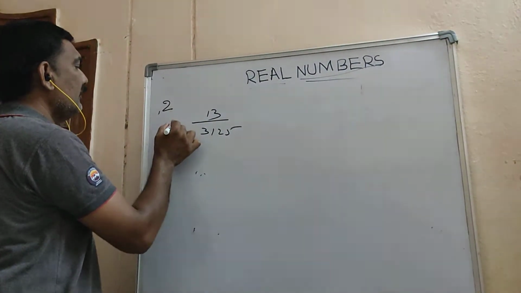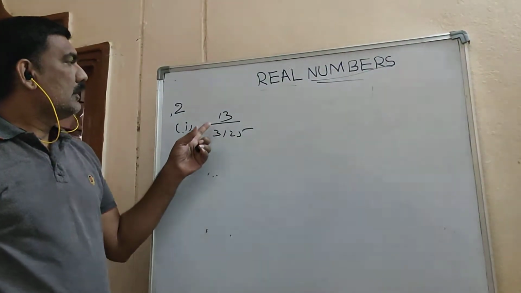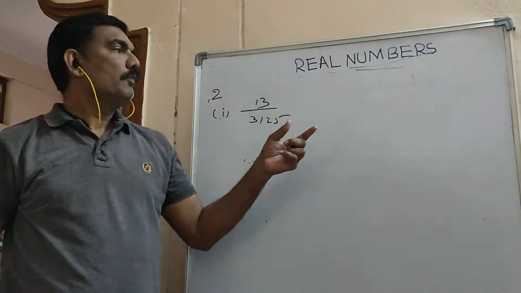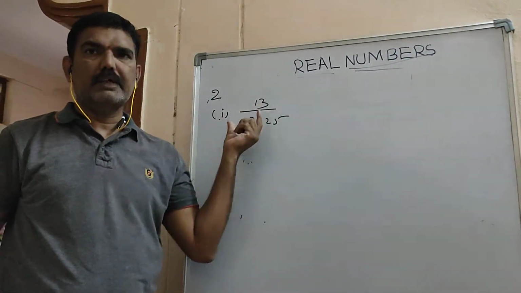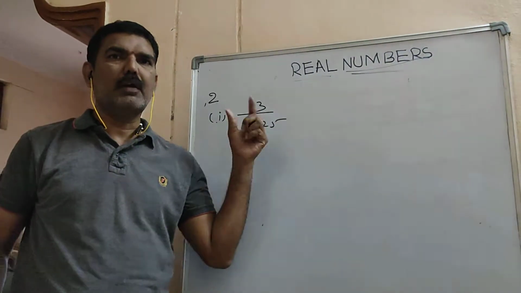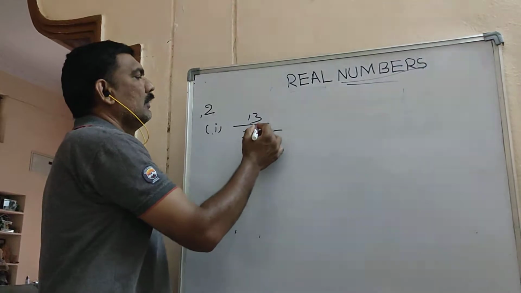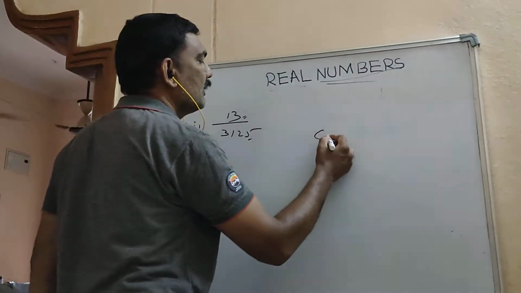13 by 3125. What you have to do? You should not do division. You have to say whether it is a terminating decimal or non-terminating decimal. First, you have to see whether these two are co-primes or not.